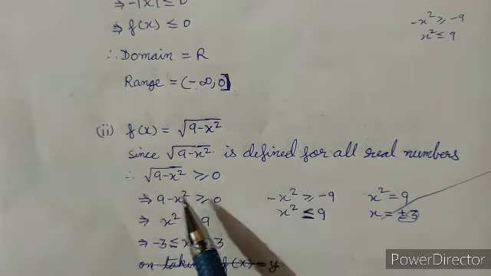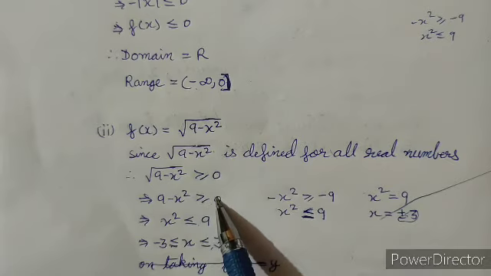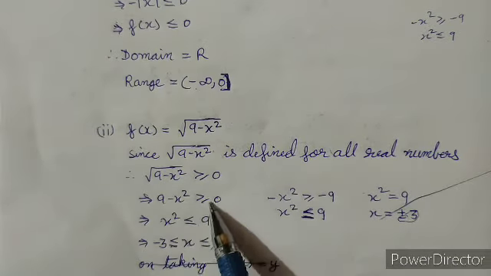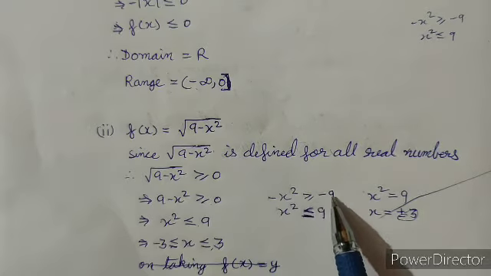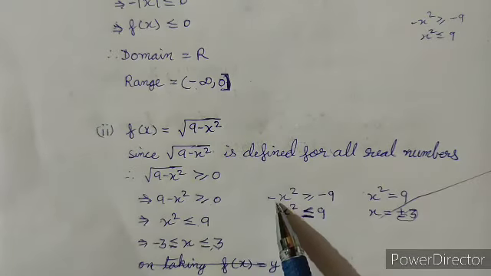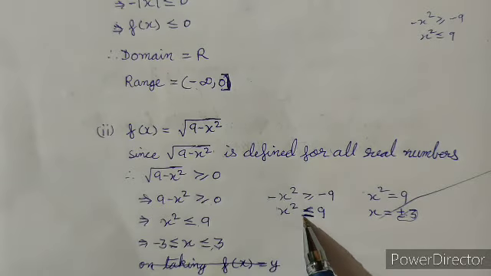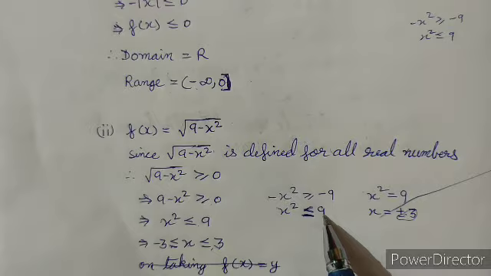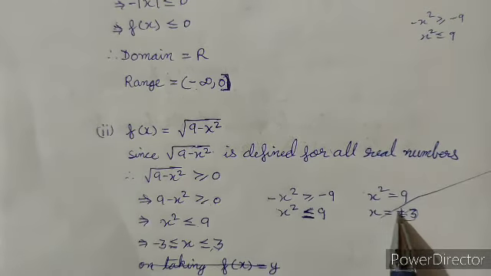Now here we can solve this as 9 minus x square greater than or equal to 0. On subtracting 9 from both sides we get minus x square greater than or equal to minus 9. On multiplying by minus 1 we get x square less than or equal to 9. Now if we take x square equal to 9, then we get x equal to plus minus 3.